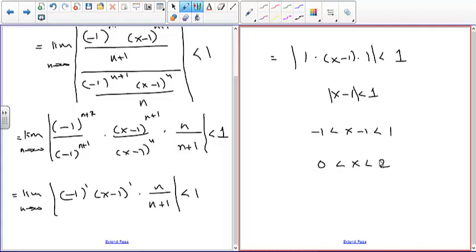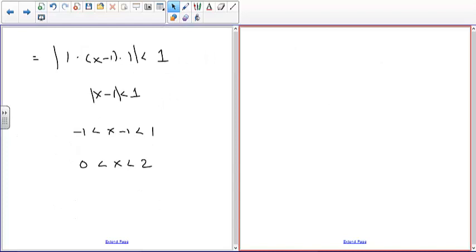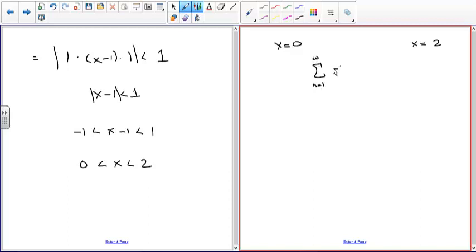And then you have to test the endpoints. And you'll have to do that on the test, of course. So the endpoints are, we're going to check at x equals 0, and we'll check at x equals 2. And the series that we're checking it with is the summation from n equals 1 to infinity of negative 1 to the n plus 1 times x minus 1 to the n over n.